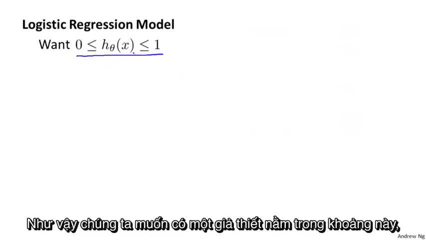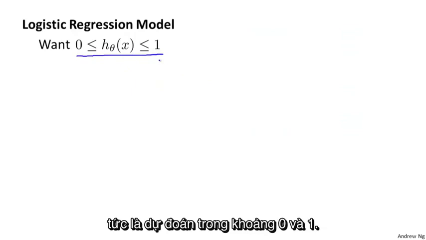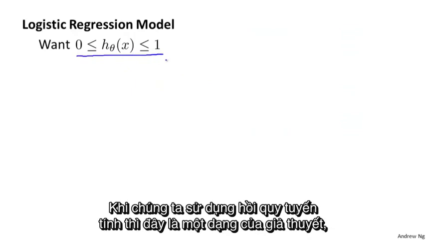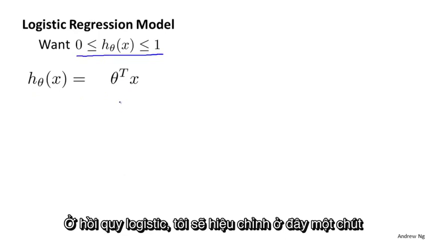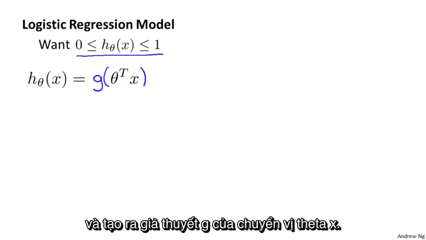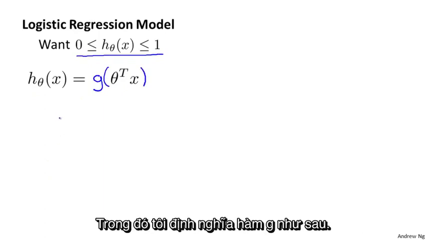So we'd like to come up with a hypothesis that satisfies this property, that its predictions are maybe between 0 and 1. When we were using linear regression, this was the form of a hypothesis where h of x is theta transpose x. For logistic regression, I'm going to modify this a little bit and make the hypothesis g of theta transpose x, where I'm going to define the function g as follows.